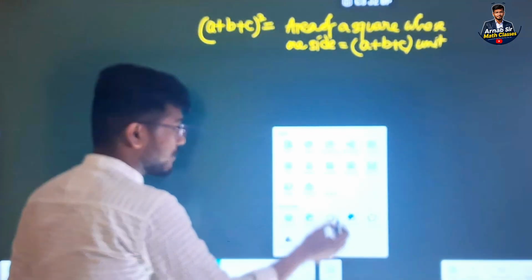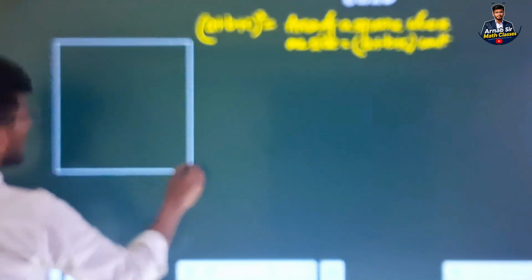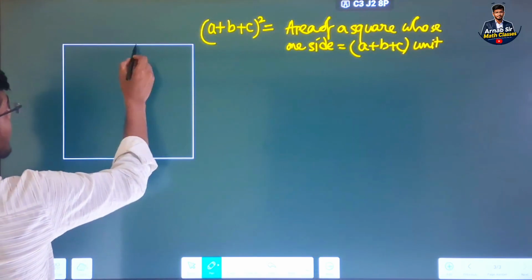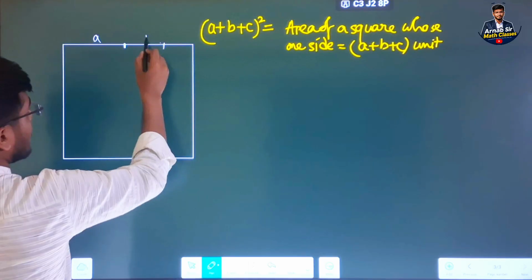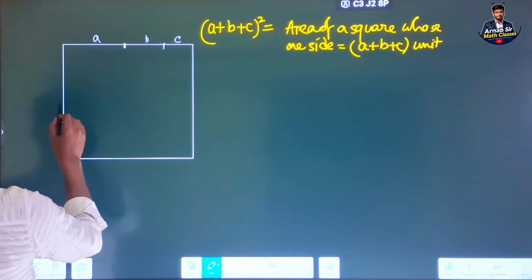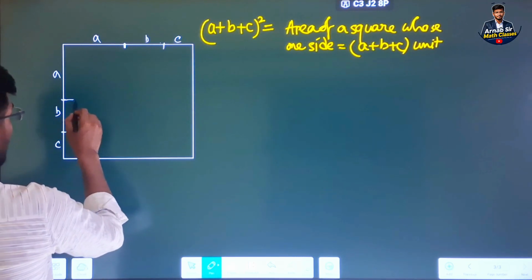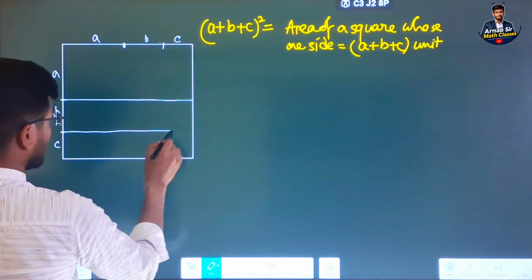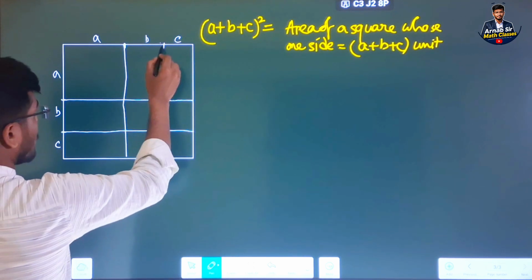Okay, before starting the proof, at first I draw one square. We draw one square whose sides are divided: up to this it is A, up to this it is B, up to this it is C. Along with this we draw, up to this is C, up to this is B. Again you draw the parallel lines and join them.